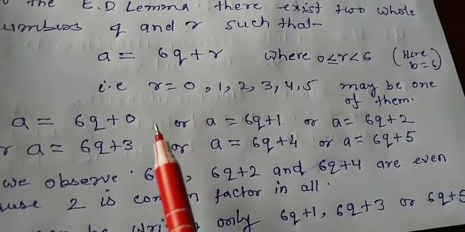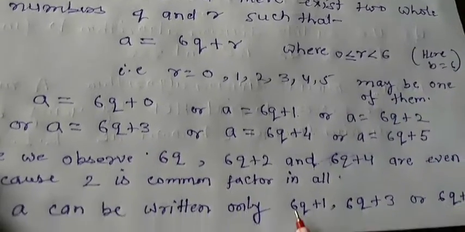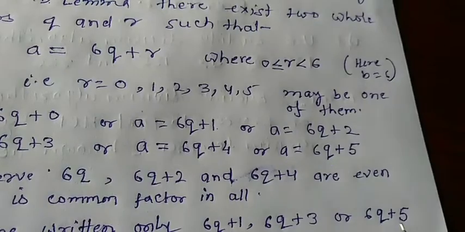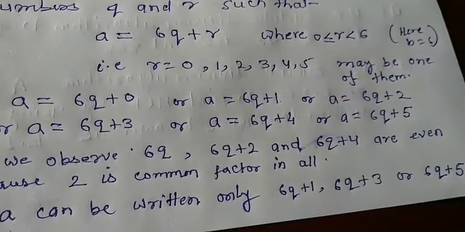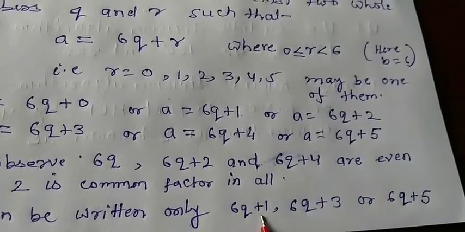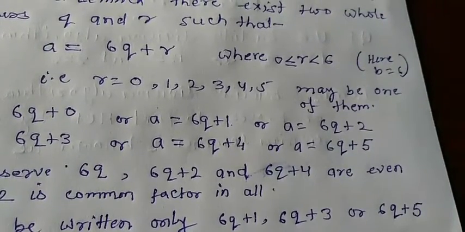What we found is that the rest are 6q plus 1, 6q plus 3, and 6q plus 5. So any odd number a can be written as 6q plus 1, 6q plus 3, or 6q plus 5.